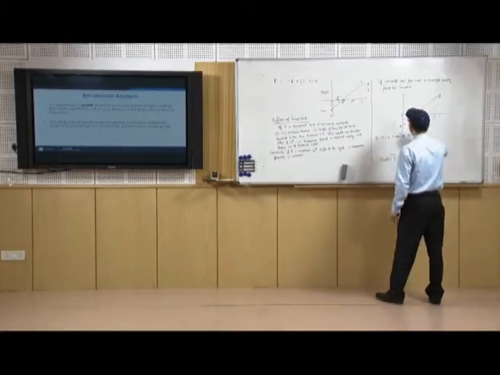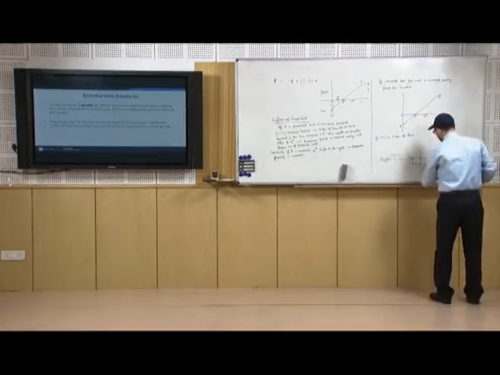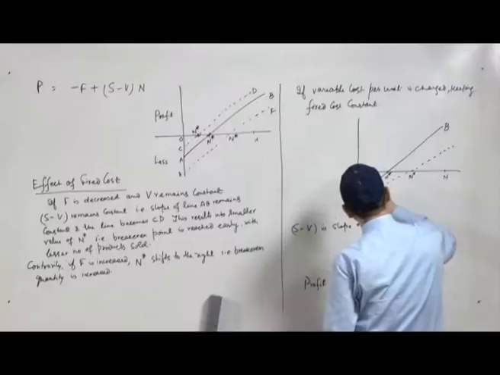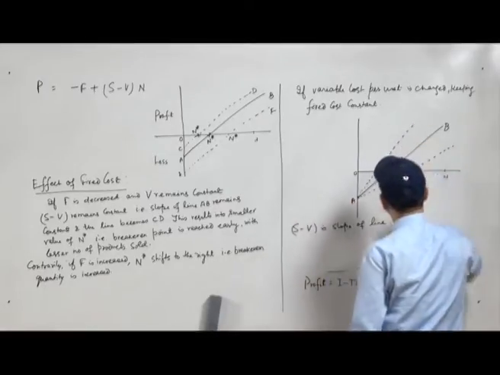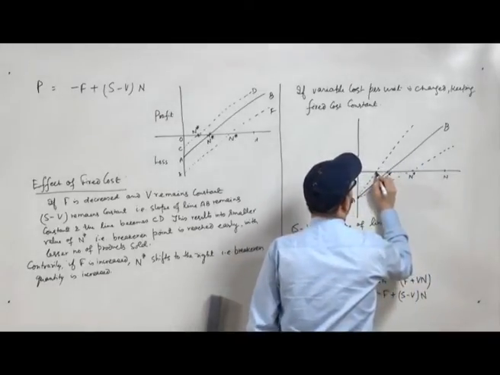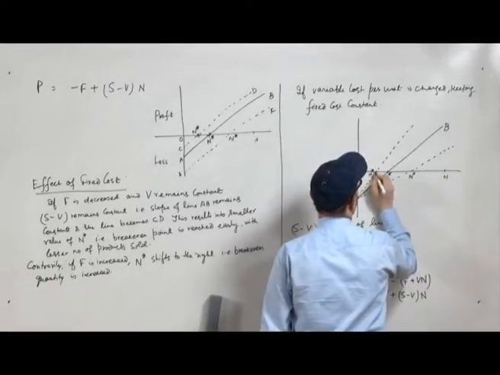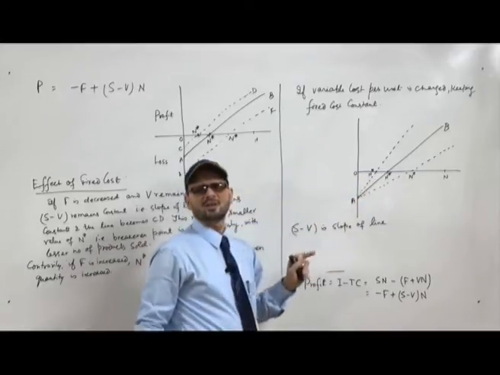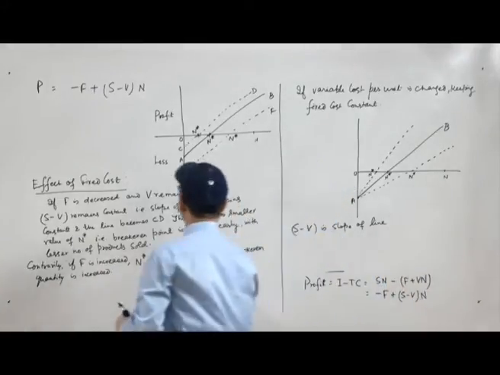Further, at the same time, if the variable cost is decreased, S minus V will increase, which will shift this line towards the left. So, your x axis is cut at this point and your break even point is shifted towards left. So, we can write these things.